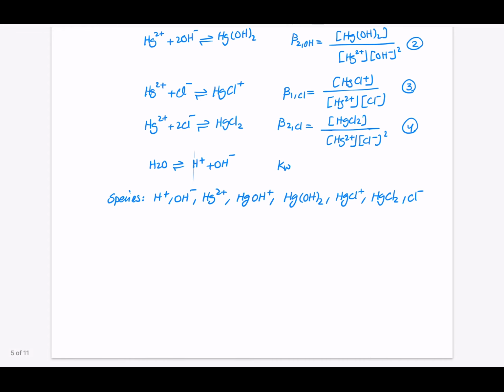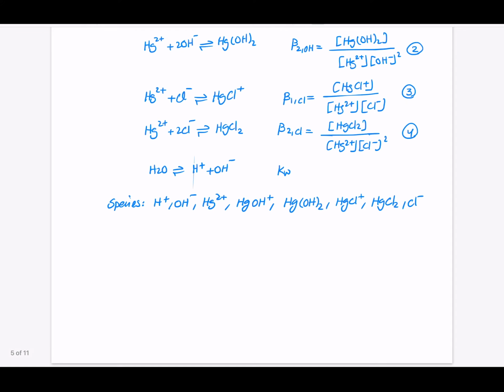So the mass balance, here we have two types of mass balance. Not two types, mass balance for two species. What is the first mass balance? The first one is for Hg. Then the total Hg. So this would be 10 to the minus 5 molar. And what are the species? Starting from the simplest, Hg2 plus.